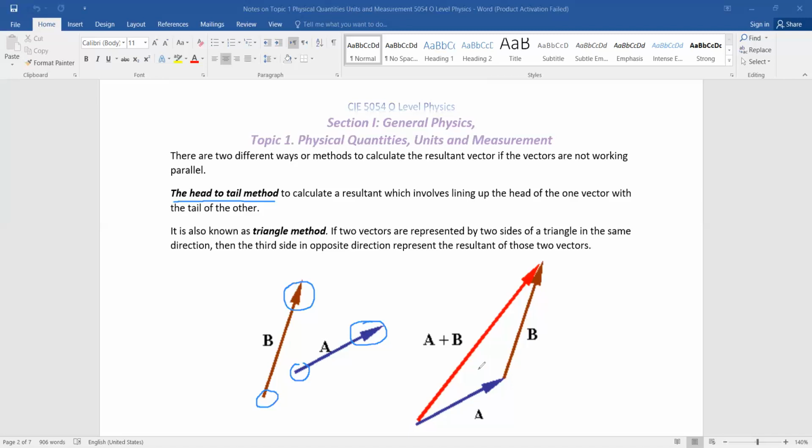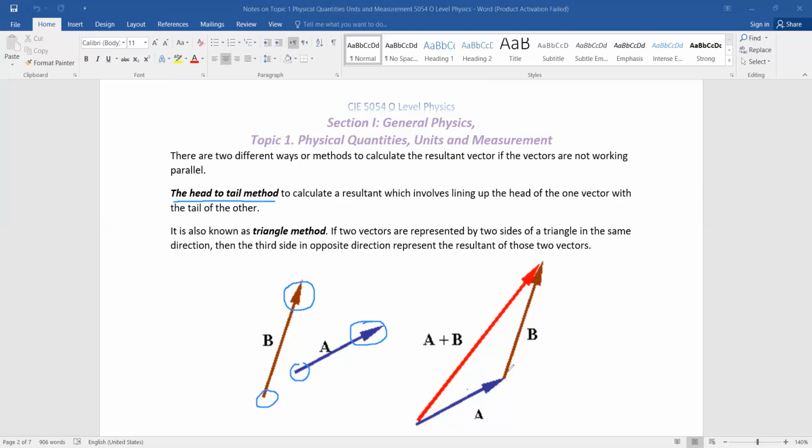Now what we did here, look, we took the head of A, we just kept A the way it is there, and displaced B to join with the head of A, the tail of B. So we are getting A and B in a way that the head of A joins with the tail of B, right?